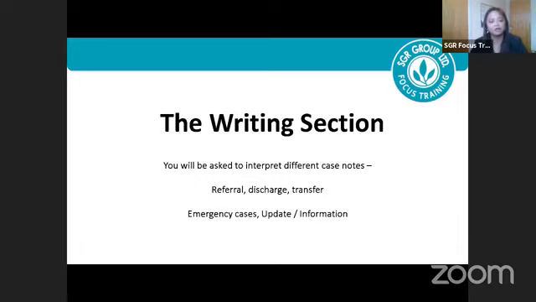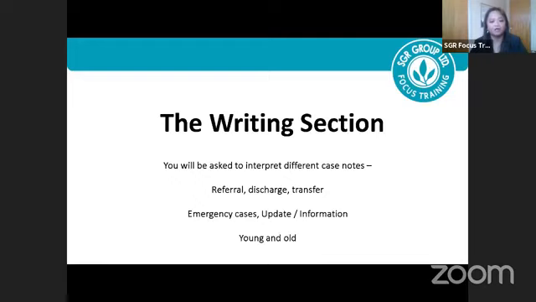There will always be normal referral letters, but there will also be instances wherein you will be asked to write an emergency letter or a letter that is simply to update or inform. These types of letters are normally written towards a GP or a family member or carer.